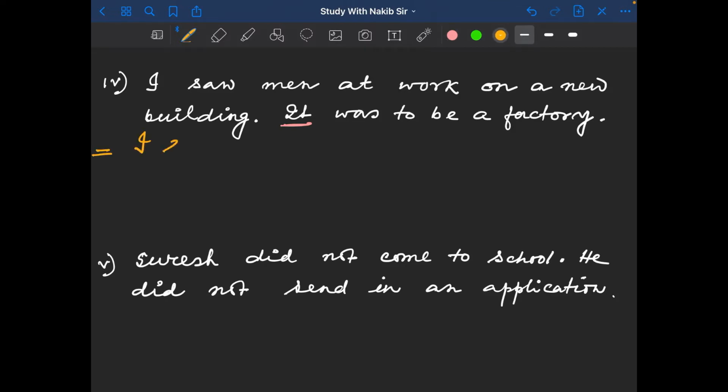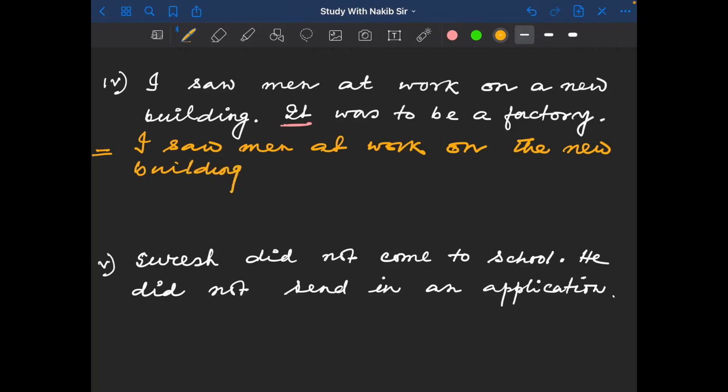I saw men at work on the new building, the new building. See, which new building?